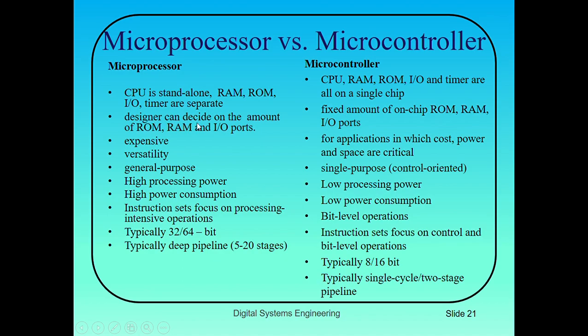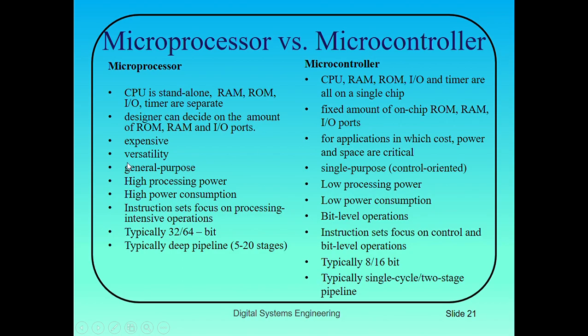In a microprocessor, designers can decide the amount of RAM, ROM, and IO ports. But in the case of a microcontroller, everything like RAM, ROM, IO ports are in fixed amount. The microprocessor is expensive, and the microcontroller is a little cheaper.